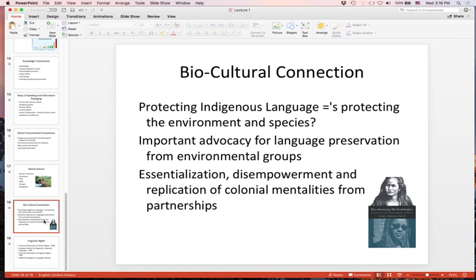when our communities are really being advocated for, or are they just being used to advocate for a different cause? It's always important to remember that we don't want to replicate colonial mentalities, processes of disempowerment and essentialization of people or communities, even if it's at the expense of trying to save a unique species.